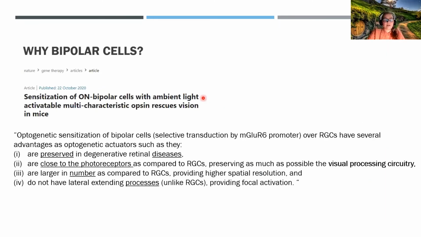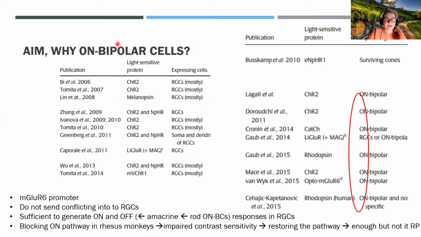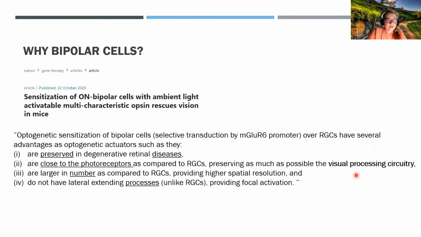So now, why are bipolar cells better than retinal ganglion cells, which were targeted first? Well, bipolar cells are preserved in degenerative retinal diseases. They are very close to the photoreceptors as compared to retinal ganglion cells. And also they are larger in number compared to retinal ganglion cells.